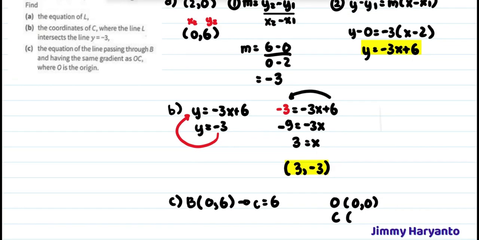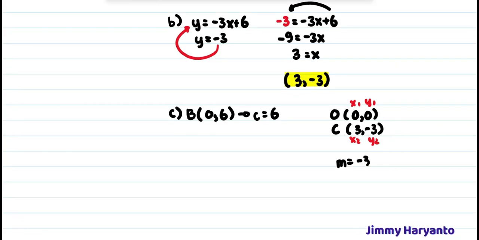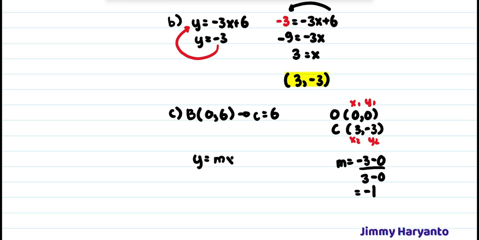C is the answer of question B. This one is x1, y1, x2, y2. Find the gradient first. Gradient equals (y2 minus y1) over (x2 minus x1). The answer is negative 1. And then because we already have the c, which is the y-intercept, we only have to use this formula. Y equals negative 1x plus 6. There you go.